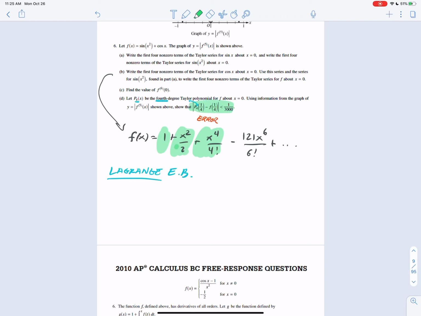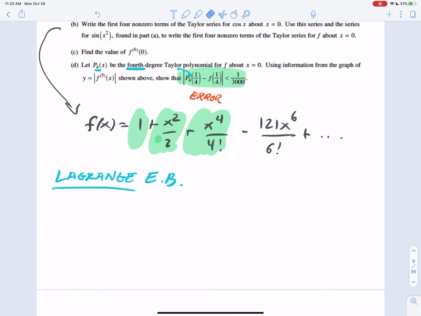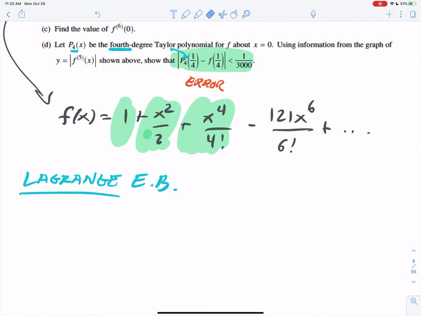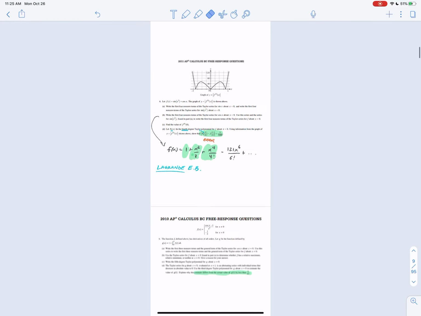This is different from the alternating series error bound because with alternating series, you use the next available term, which would be this, but since this is Lagrange, you use the next term, okay? So here's what you do. Since this is a degree of 4, you would use everything to a degree of 5.